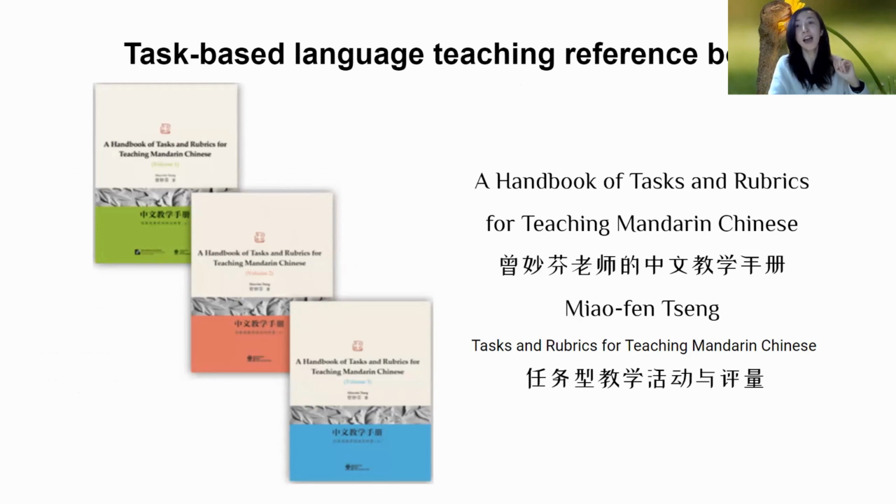I think it's really helpful because she listed lots of different tasks and rubrics based on students' levels, and her handbooks are based on the 6 big ideas from AP Chinese.